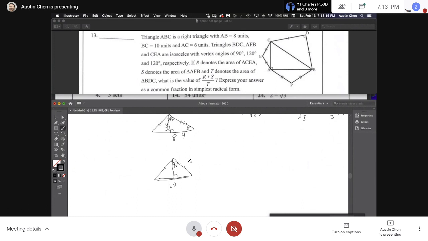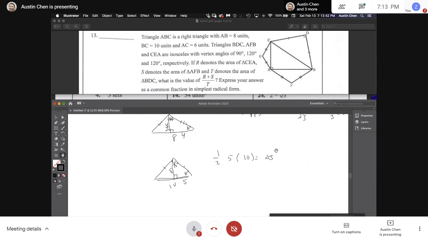So then we're going to have this as 45 degrees, and then we have a 45, 45, 90 triangle. And again, this is also going to be the midpoint of this side, right? So then this length right here is just going to be 5. So that means our height here is just going to be 5. So that means the area of this triangle is just going to be 1/2 times 5 times 10.